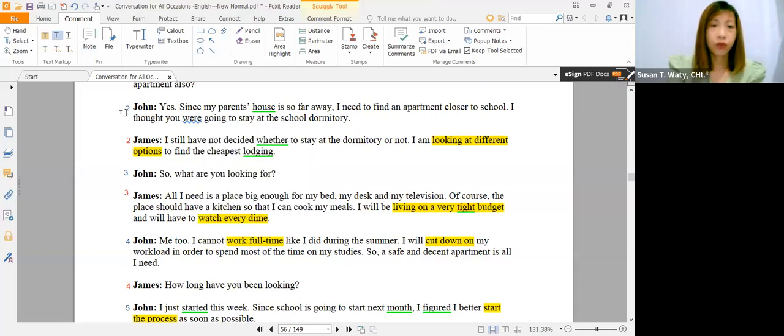Okay, this word. I thought you were going to stay at the school dormitory. Now, it's were instead of where, okay? The spelling is a little bit different. It's just missing H, okay?